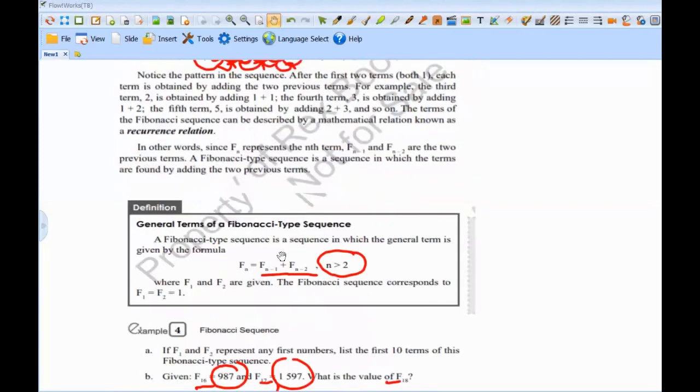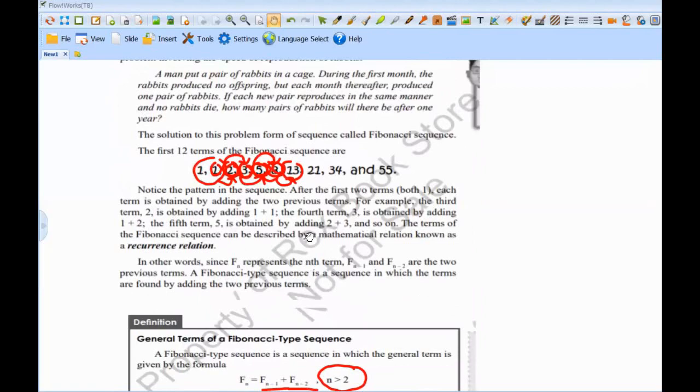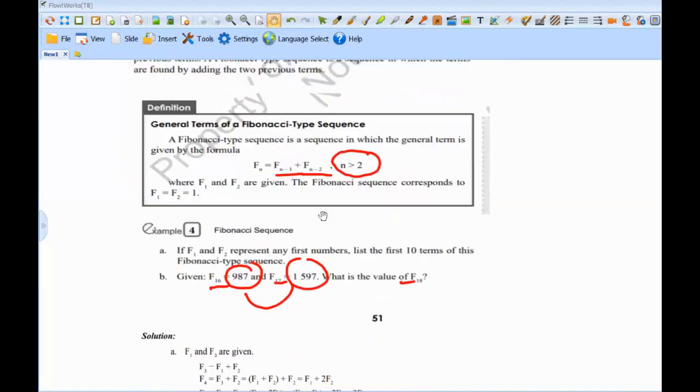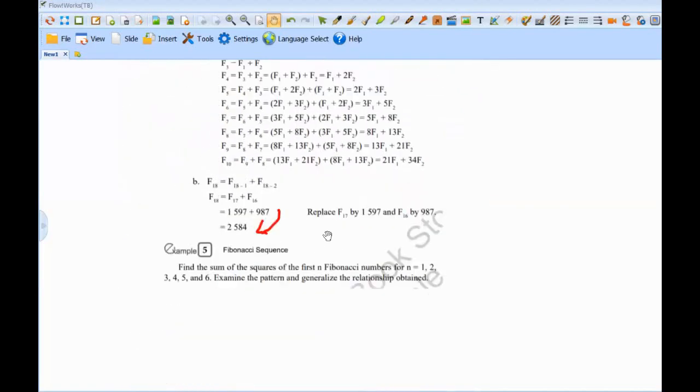What are the numbers? 1, 1, 2, 3, 5, right? First square, then here, square, square.